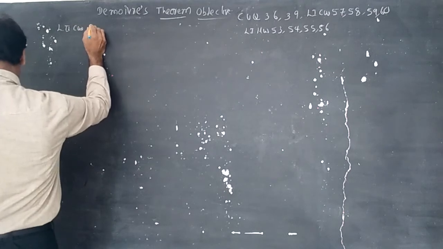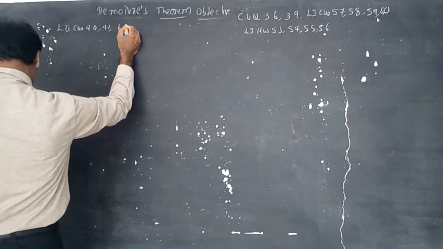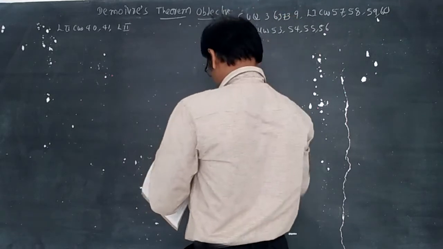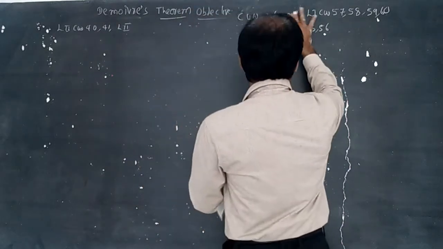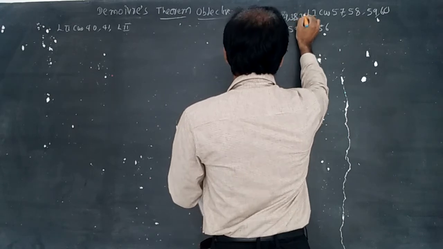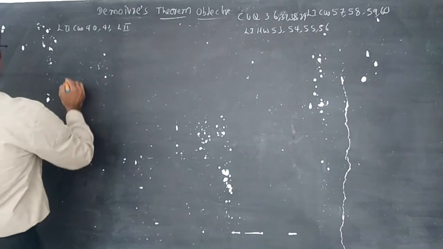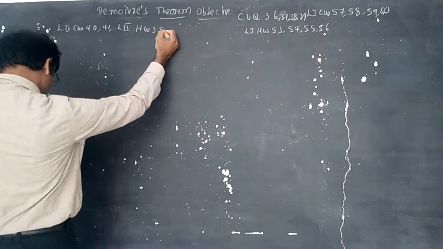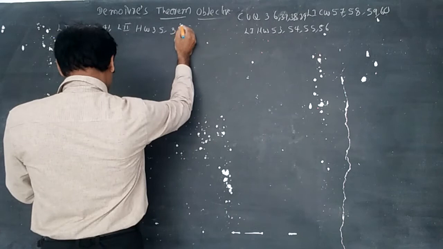Level 2 classwork: 40, 41, CUQ 37 also, CUQ 38 also, CUQ 36, 37, 38, 39. Level 2 homework: 35, 38, 39.